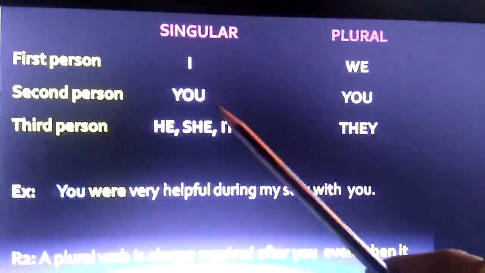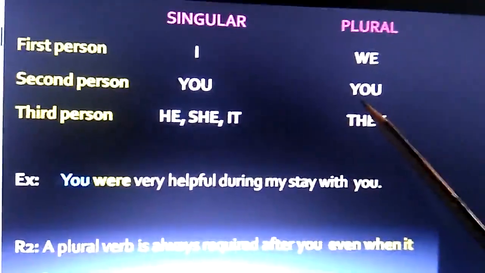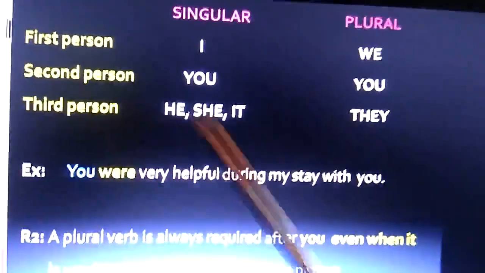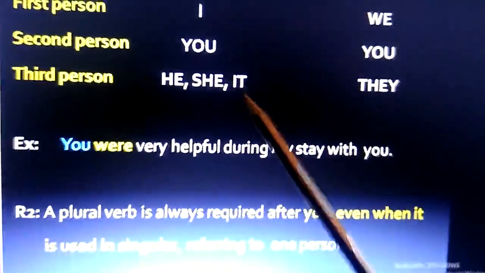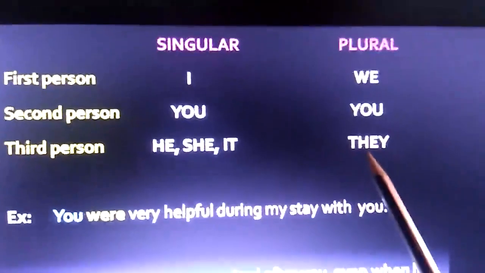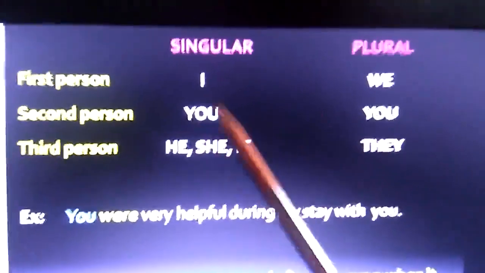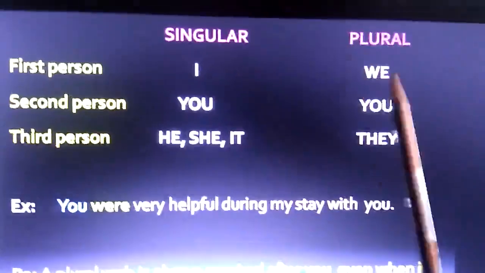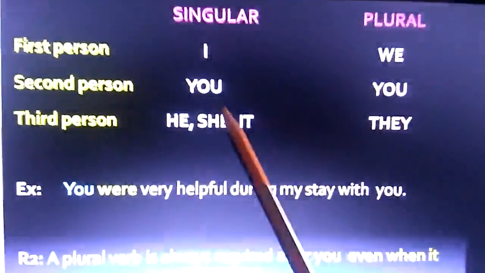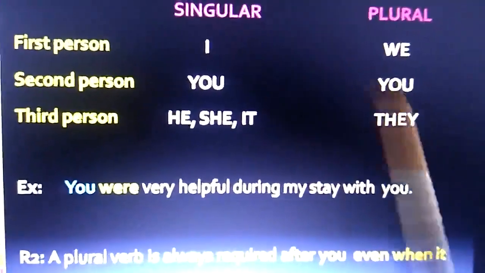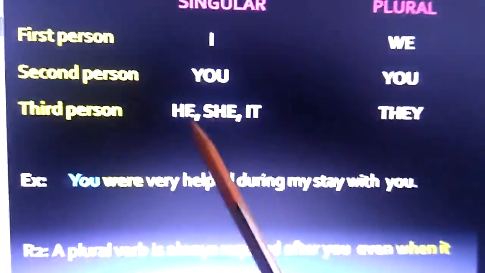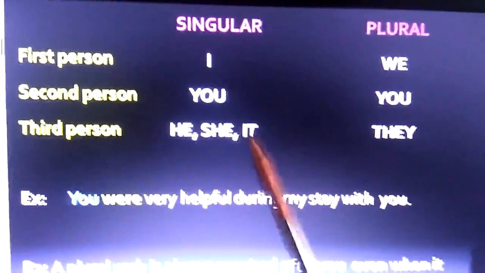So singular is you, and plural also you. Third person we have he, she, it, and in plural we refer to them as they.